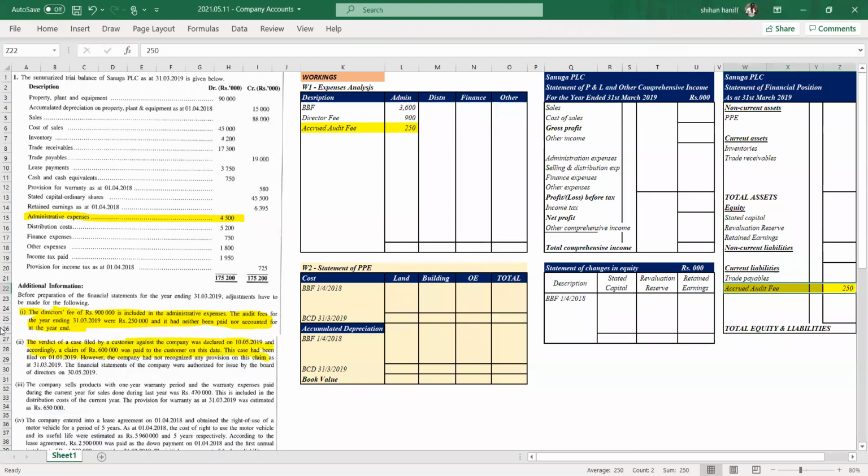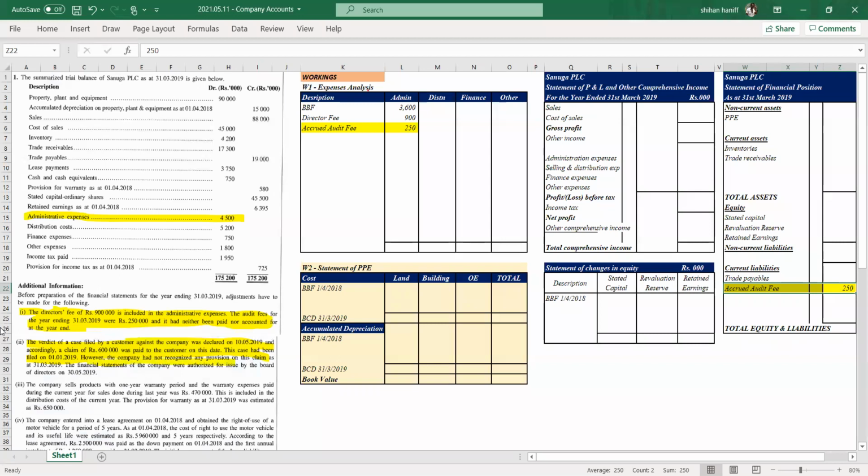So 10th of May, that is after the financial year end, we have paid 600,000 as the claim. This case was filed on 1st of January. So even though this is an event after the reporting period, this is an adjusting event.